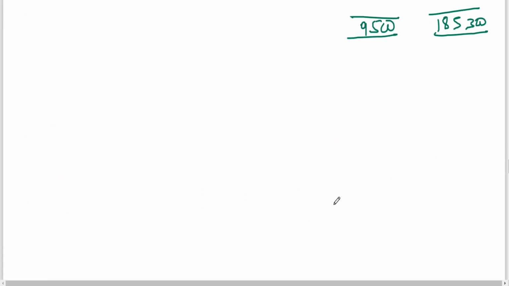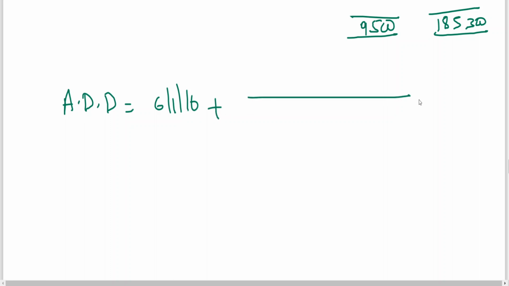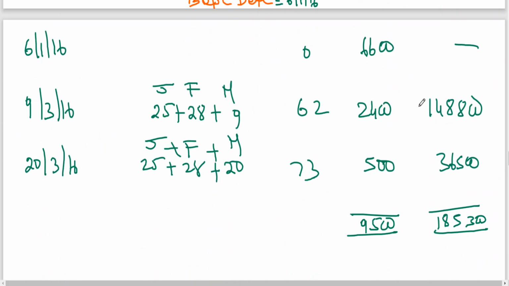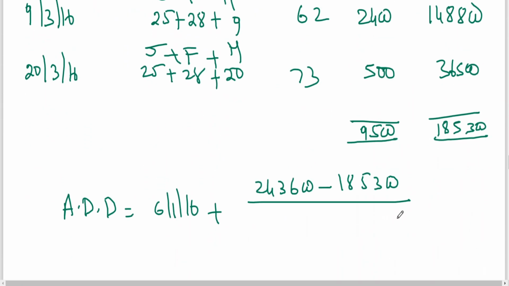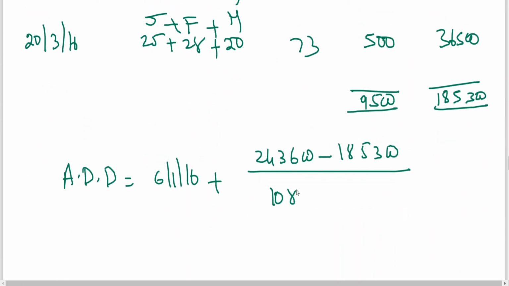Okay, now you know the formula. Average due date is equal to, I have told you, base date 6th January 16 plus difference in product divided by difference in amount. You can see product here 2,43,600 minus 1,85,300, and difference in amount 10,800 minus 9,500. That is 6 January 16 plus 2,43,600 minus 1,85,300.